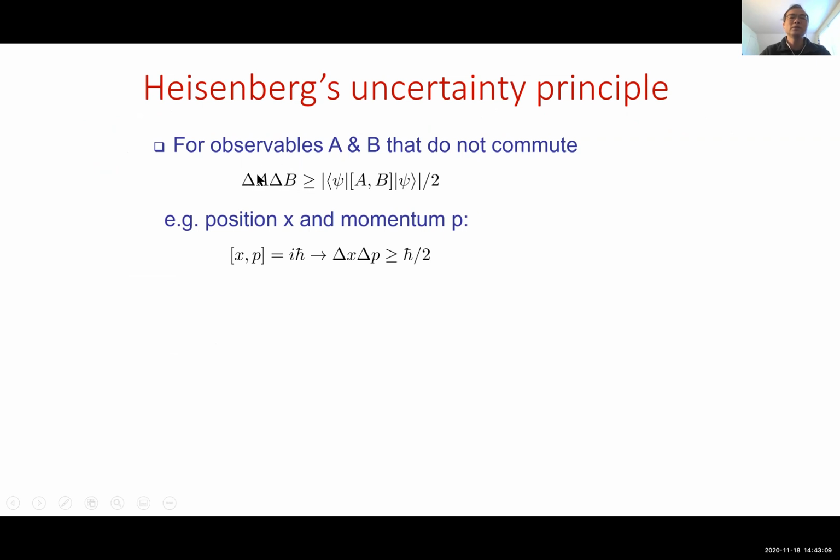So I should define what I mean by delta A. Delta A squared is defined as, if you have a quantum state, you take the average of A squared minus the average squared, and similarly for B, so basically it's the standard deviation of the observable.